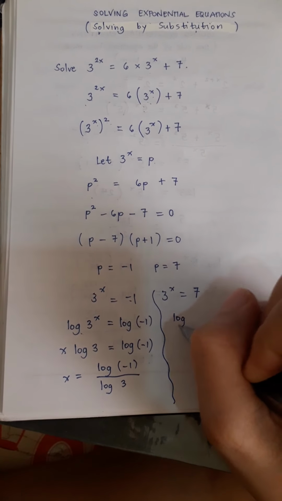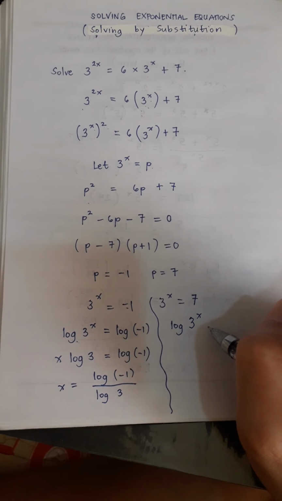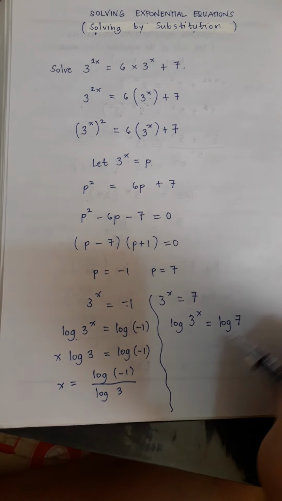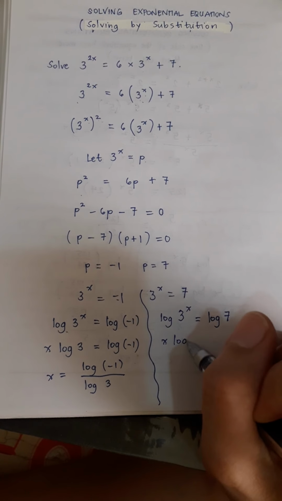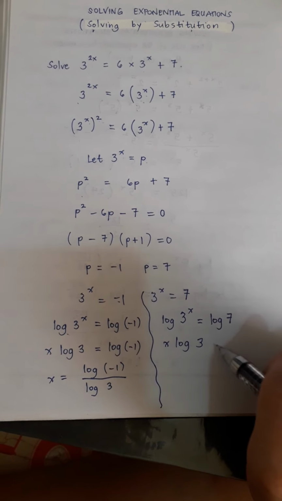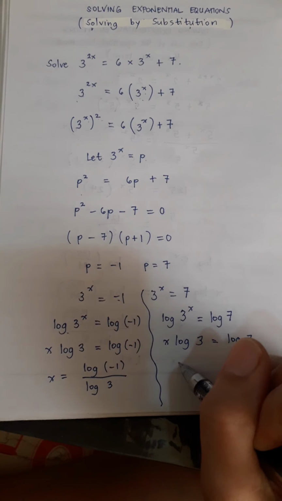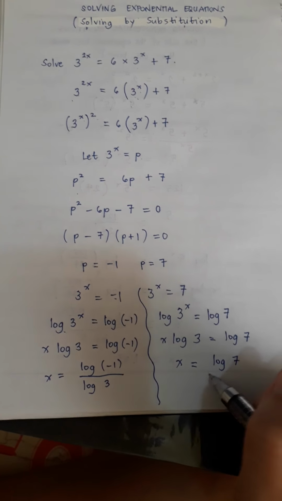So, logarithm of 3 to the power of x to base 10 is equal to the logarithm of 7 to the base 10. Power law, again, x times the logarithm of 3 to the base 10 is equal to the logarithm of 7 to the base 10. So, x is equal to this.